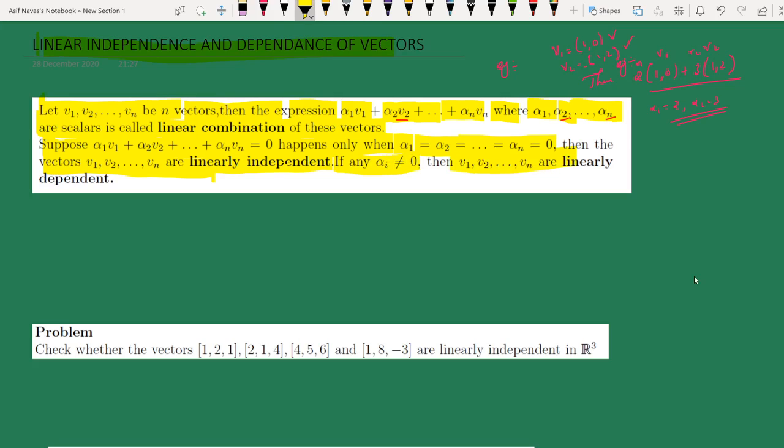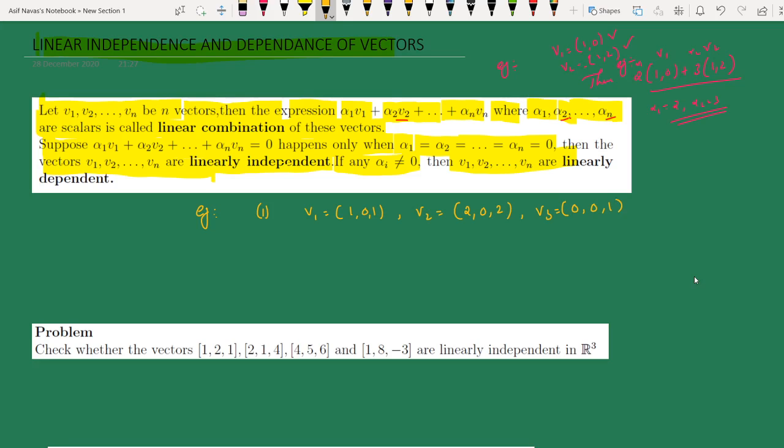So I will give you some examples. For example, if I take the first example, v1 is equal to 1 0 1, v2 is equal to 2 0 2, v3 is equal to 0 0 1.